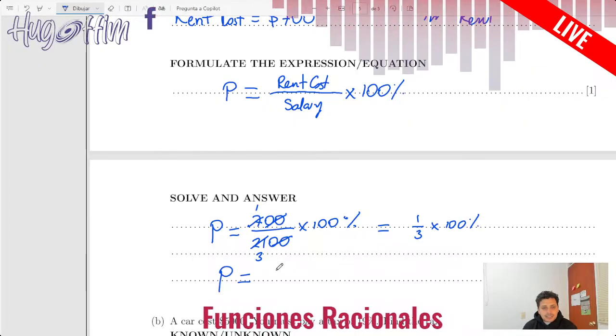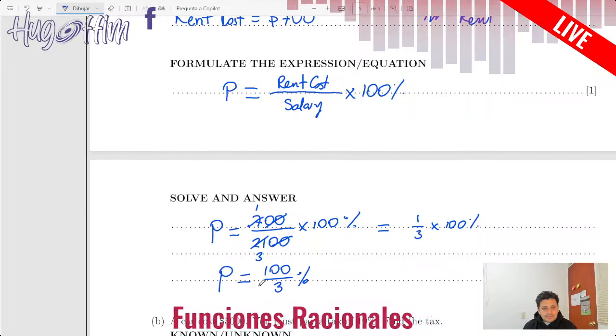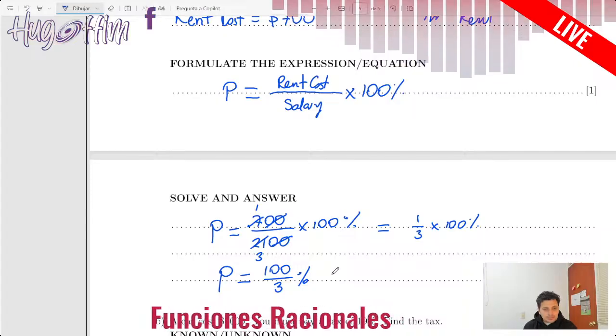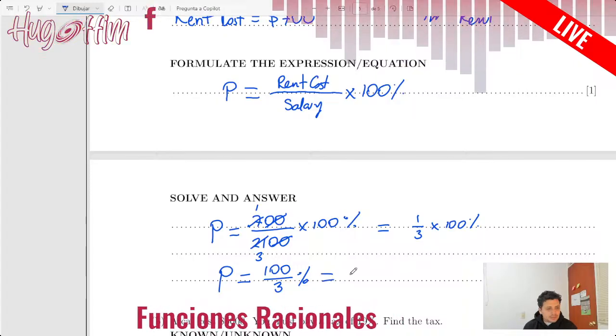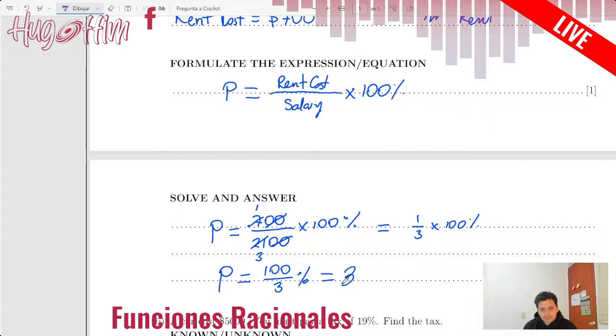Now you can see that this is 100 over 3%. And we can leave it this way. Or as a mixed number, you can perform the division to put it as a mixed number. So you can put 33 and 1/3%.